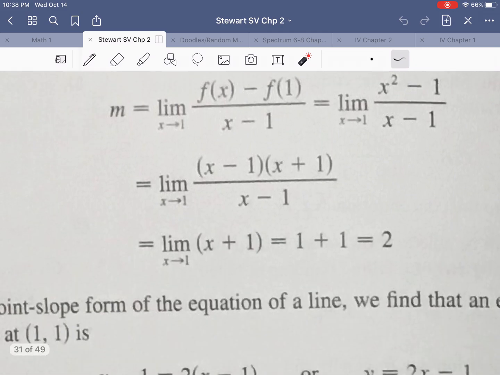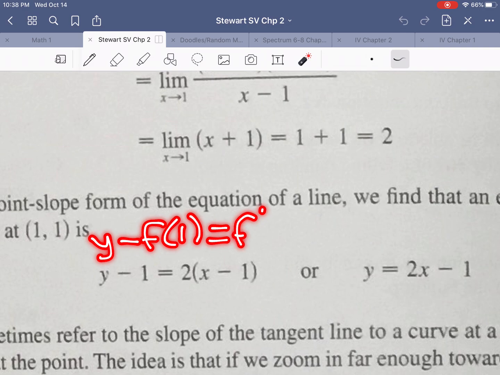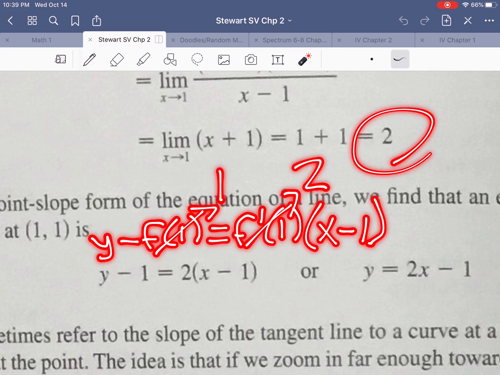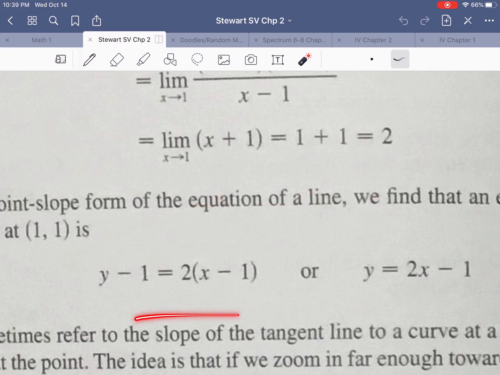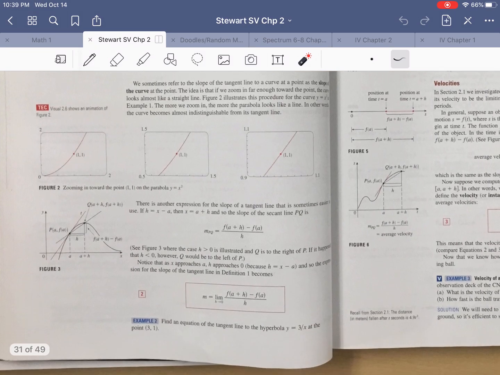So we're going to have y minus f of 1 equals f prime of 1 times x minus 1. Well, f of 1 we already know is 1, and f prime of 1 we already know is 2, because that's what we found up here. And you can simplify it into slope-intercept form, but who really cares about that anyway?